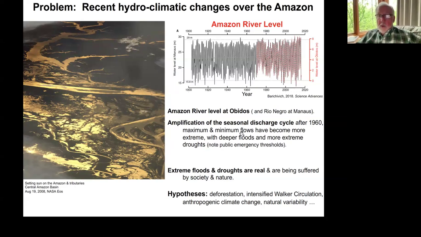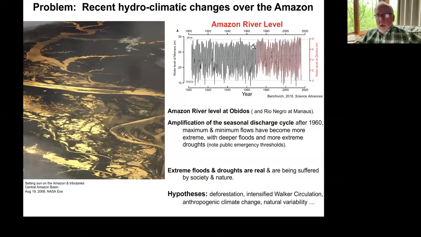That means the maximum and minimum flows have become more extreme with deeper floods and more extreme droughts. And we plot here the public emergency thresholds for floods. 29 meters right there at Manaus is flood stage, and 15.8 meters is drought, public emergency drought.